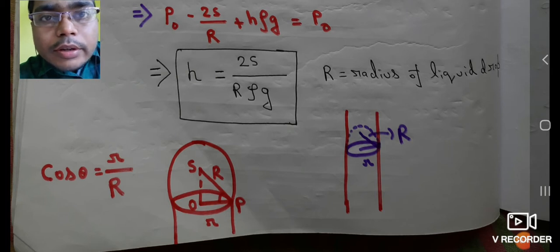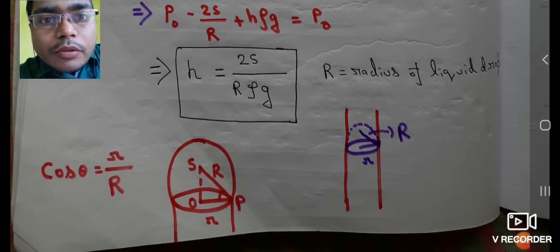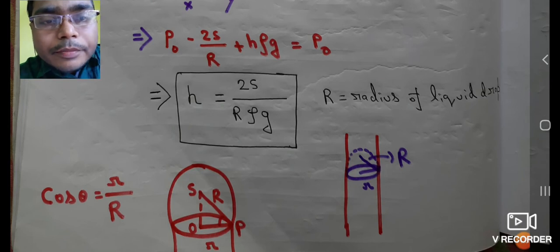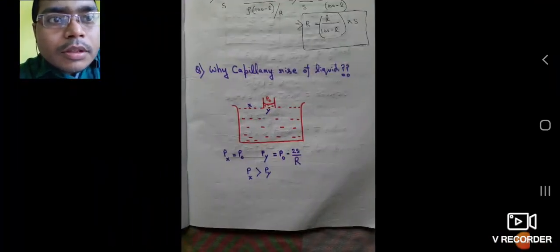By considering the right angle triangle we can calculate cos theta. Cos theta is base by hypotenuse, so it gives small r by capital R. So from here, by cross multiplication, capital R is equal to small r divided by cos theta. Now we put it in the expression for height.